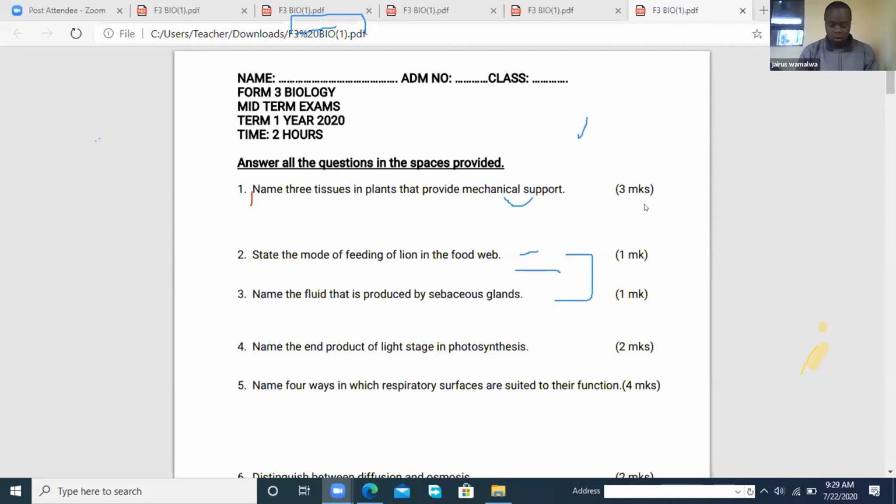So the tissues in plants that provide mechanical support, in this case, we have... sorry, I'm just admitting some few people here.